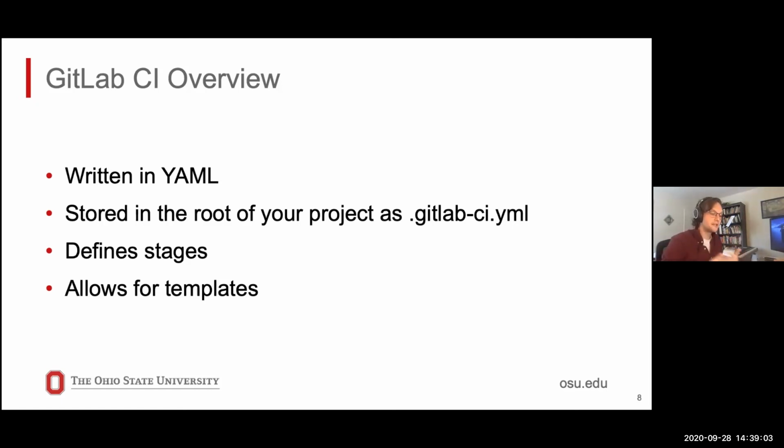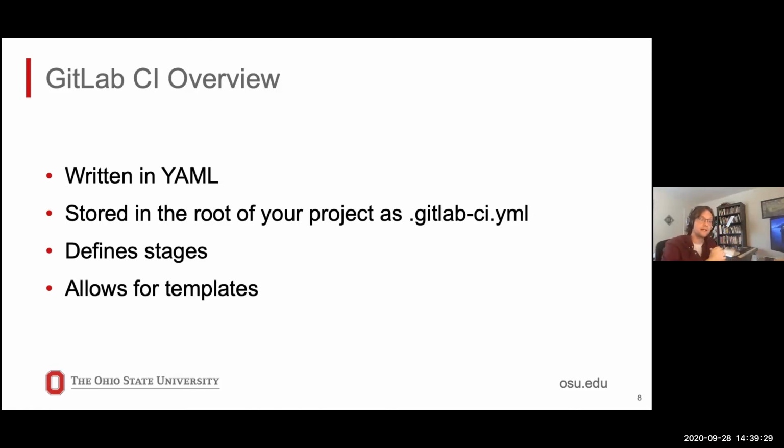Each stage has basically 3 components. There's a script portion, what you actually want the stage to do. There's a before script, so if you need to set up anything before the actual main script runs, you can run it in your before script. There's also an after script to do any cleanup or delete anything that you need.